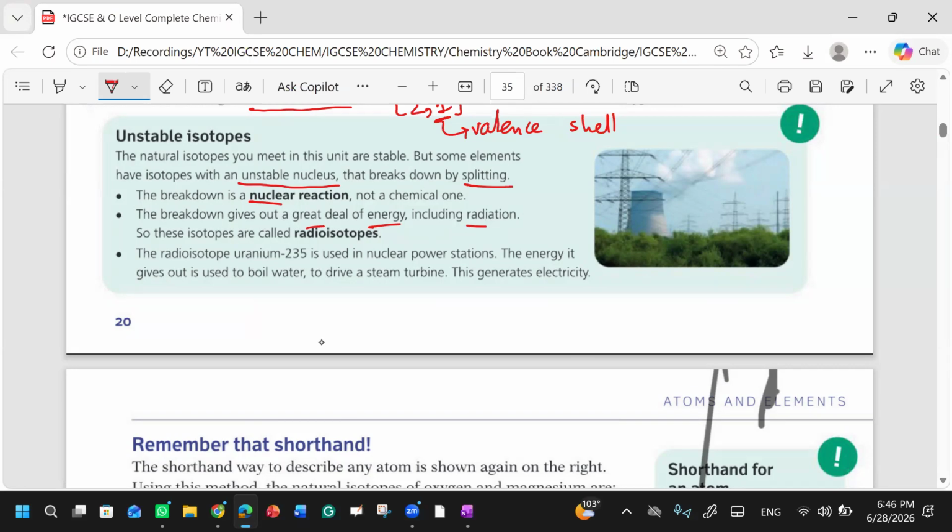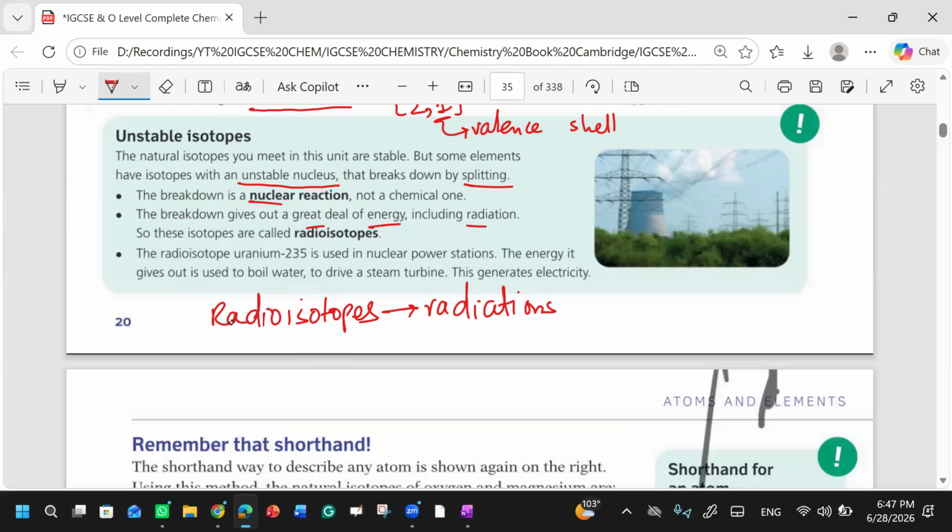The energy was releasing as well as radiation, right? So these isotopes are known as radioisotopes. Simply, if I say isotopes, those will be stable isotopes. If I say radioisotopes, those isotopes will be unstable, and they will release radiation.